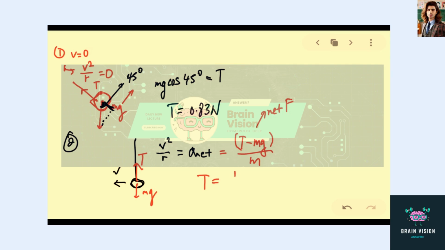To get our T, it's mv squared over r plus mg. The velocity we have previously calculated, which is 2.1 meters per second.